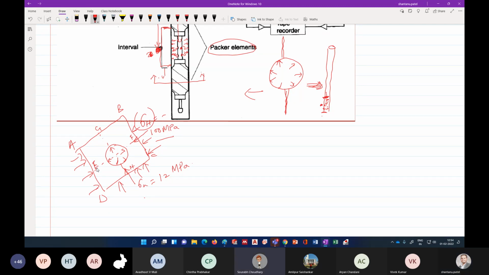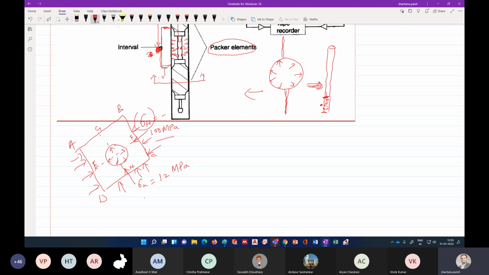Why? Because 12 MPa is less, so on the EF side the crack will develop. It will be easier to push, right? Yes, sir.